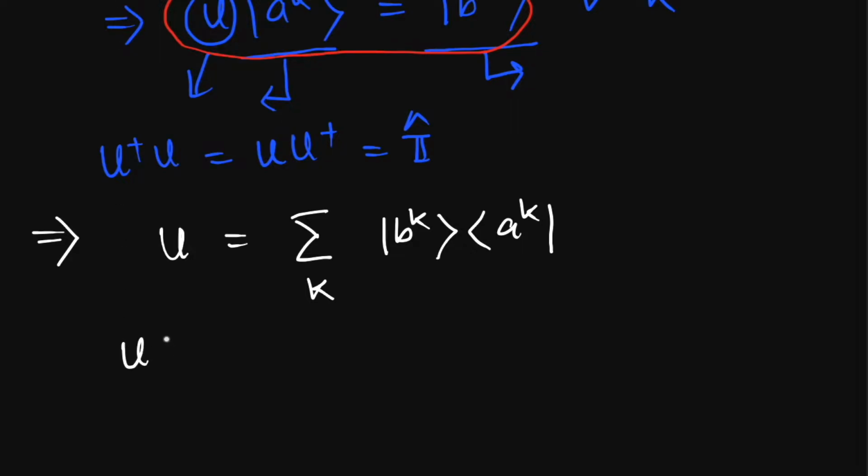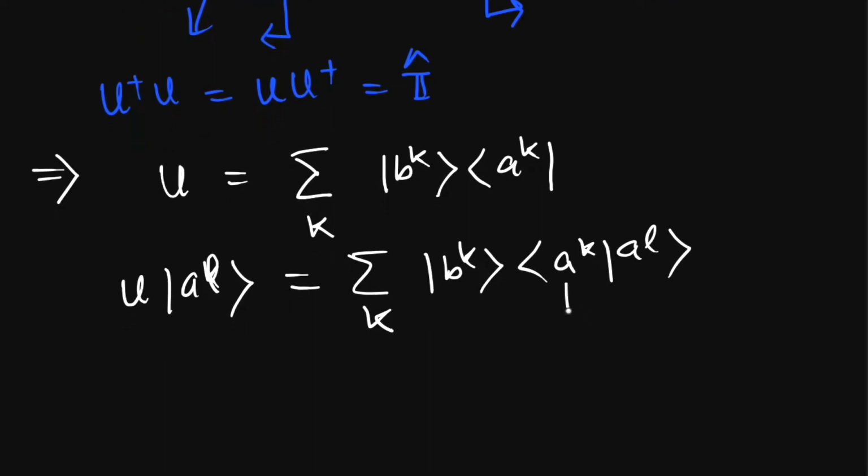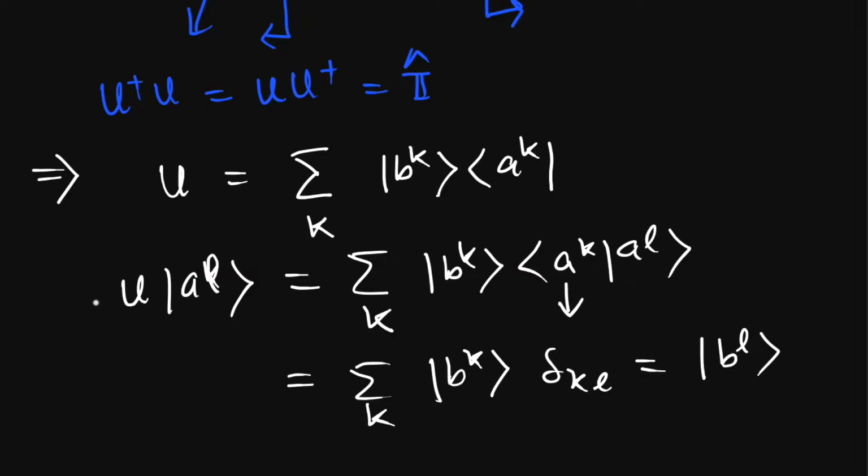If we operate on al, it will give us back bl: summation of k bk ak al. Since these are orthonormal kets, ak al is delta kl, so bk delta kl, which is equal to bl. That means this operator follows this property.